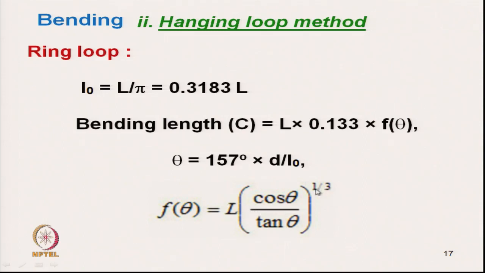L cos theta by tan theta to the power 1/3. Using this function of theta, in the case of the ring loop, theta is 157 multiplied by d by L0, and we only need to know the deflection.